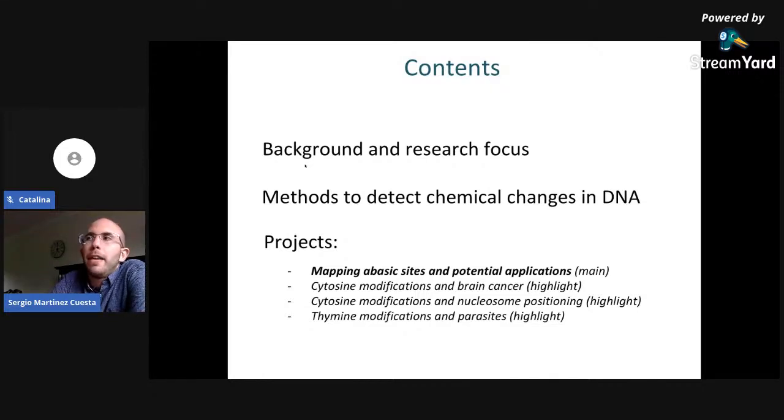And then I'm going to dive into the abasic sites mapping project. And briefly, at the end, I will highlight in a slide some of the other things that I've been doing related to this topic. And hopefully we can talk about it in later presentations.